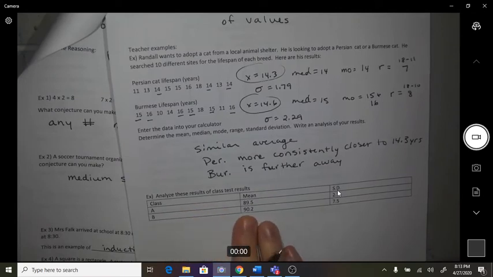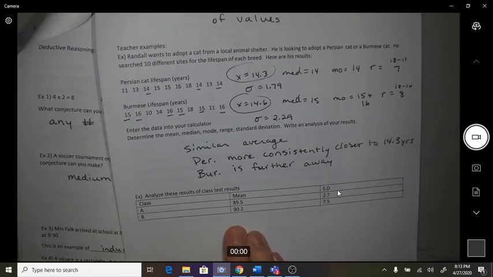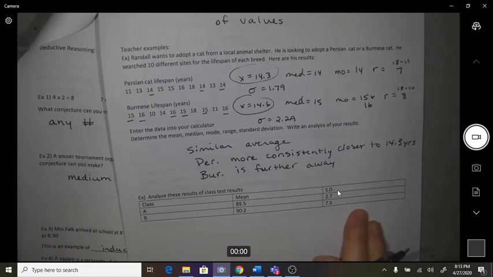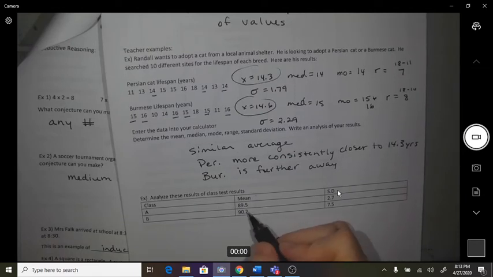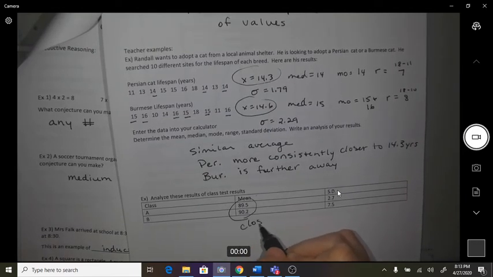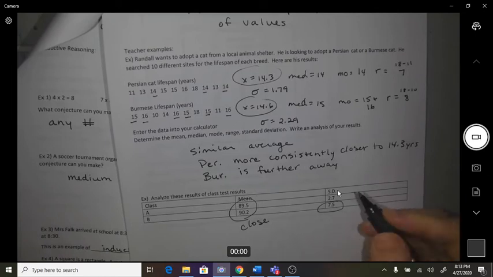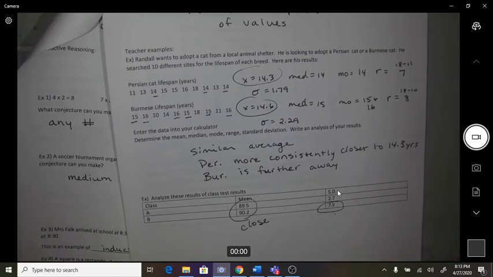Okay, so you can see here there's 2 classes. This is what happened, their means, and their standard deviations. So you can see again, their average is pretty close, but this one is a lot more spread out.